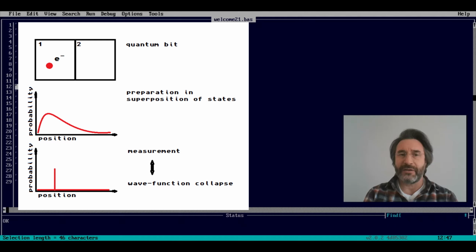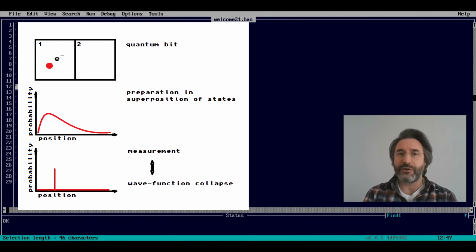In practice, if you take, for example, the probability as a function of the position, in this case you will find a very high probability of finding the electron in box 1, but still you have some probability that you can find the electron in box 2. It's only when you do the measurement that you are going to find out where this electron actually is.